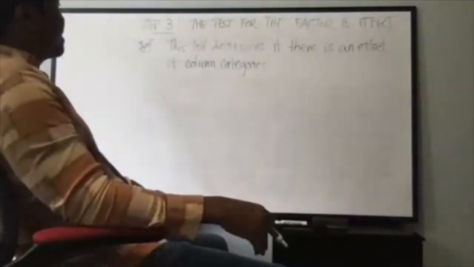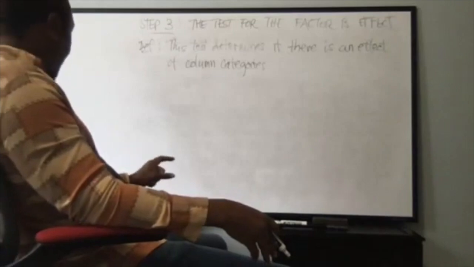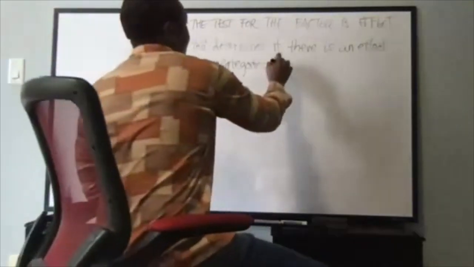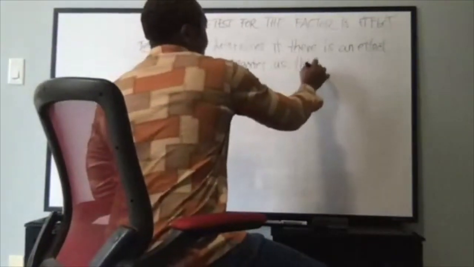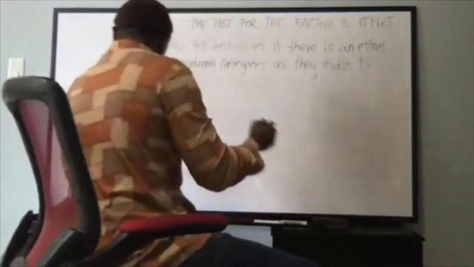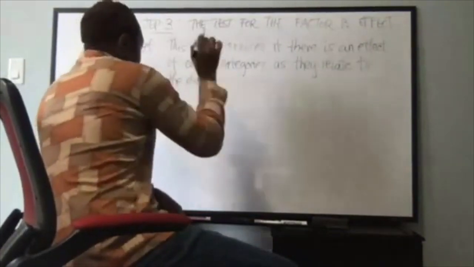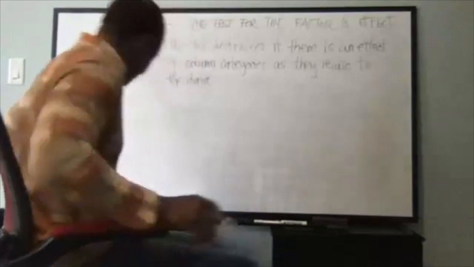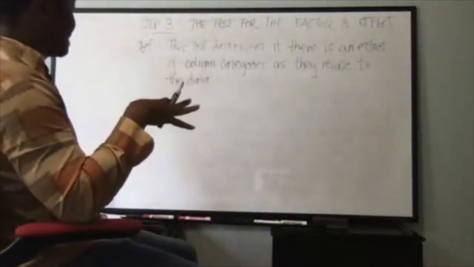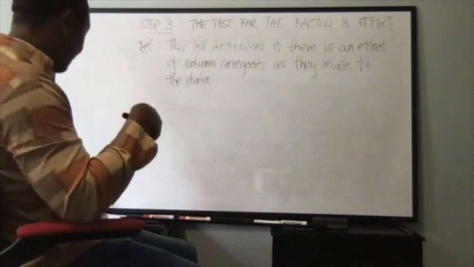Okay, this test determines if there is an effect of column categories as they relate to the data. All right. Now it has its own set of null and alternative hypotheses.